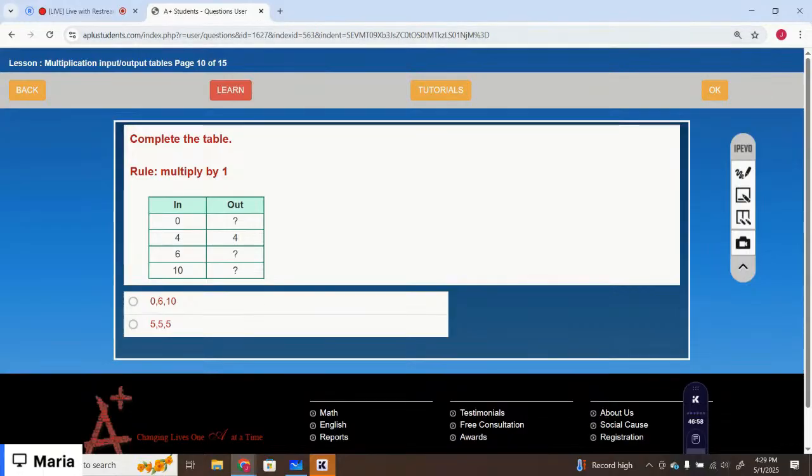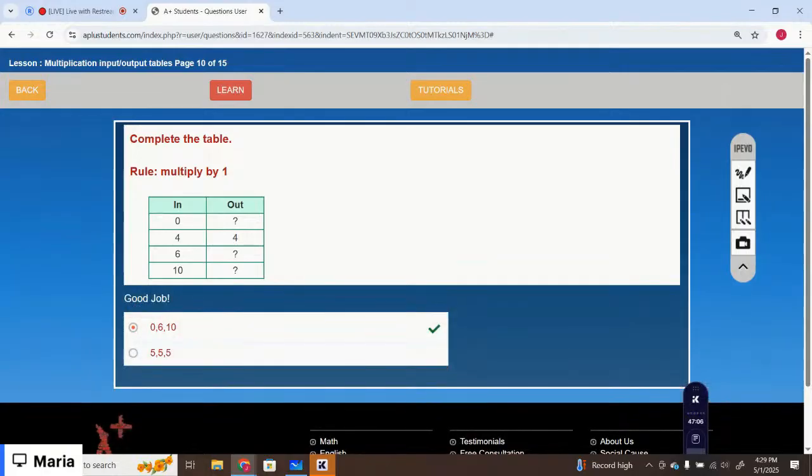So the correct option is multiply by 1. They are 0, 6, and 10. Option number 1 is the correct option.